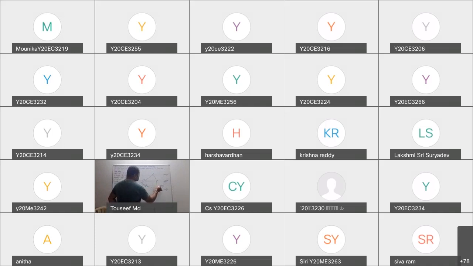So this becomes B1. If you obtain your B1, draw the vertical projector upwards, this becomes B1 dash. Now join A dash with B1 dash, which is nothing but your true length. This is theta and this is alpha. Okay.